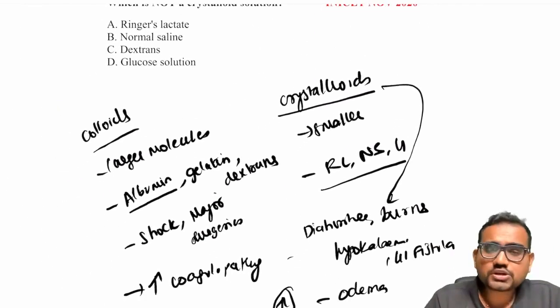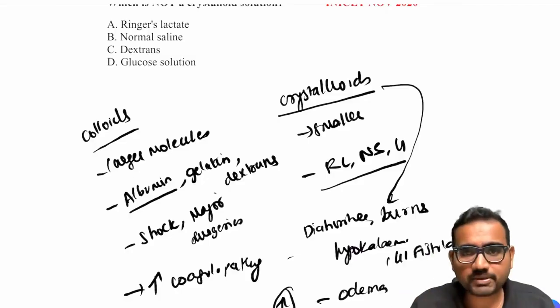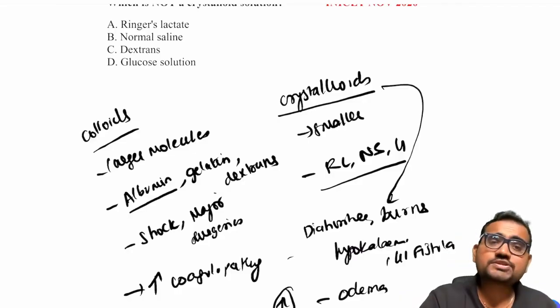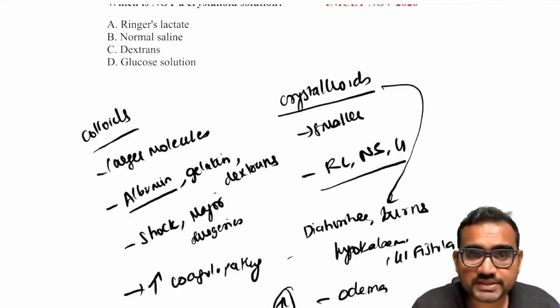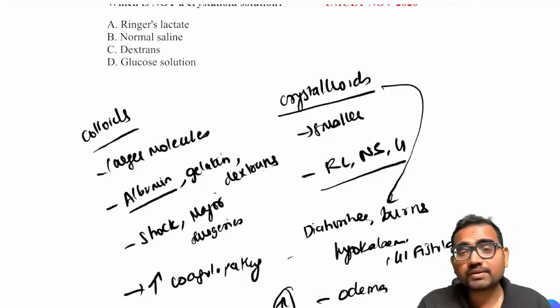So crystalloids and colloids: larger, smaller molecules. Given in case of diarrhea, vomiting, burns, hypokalemia, crystalloids can be given: ringer lactate, saline, or glucose solution. Colloids, larger molecules like albumin, dextrans, gelatin, are given in major surgeries or shock. More colloids can result in increased coagulopathy.